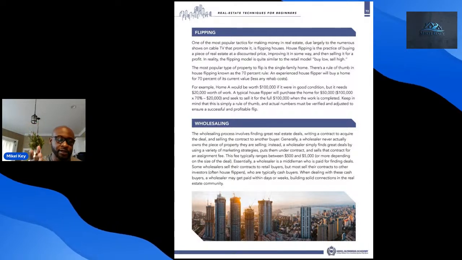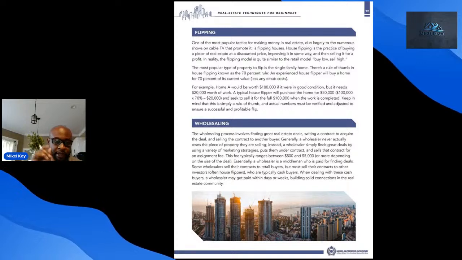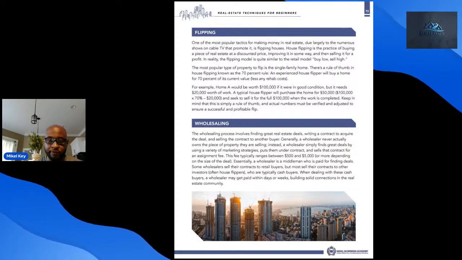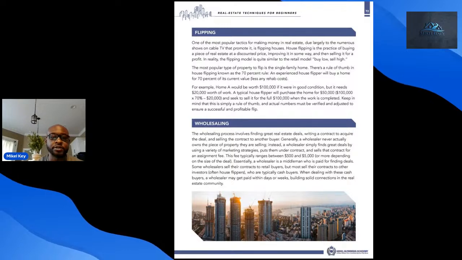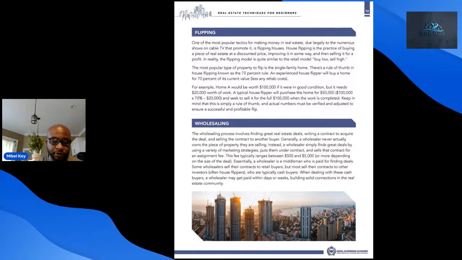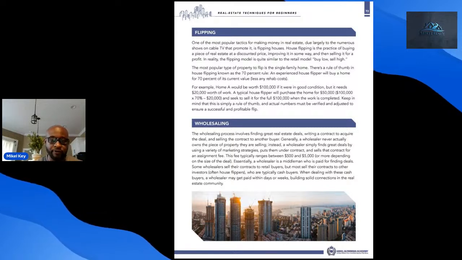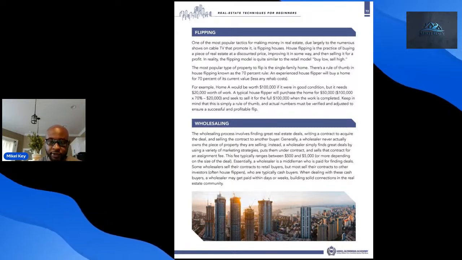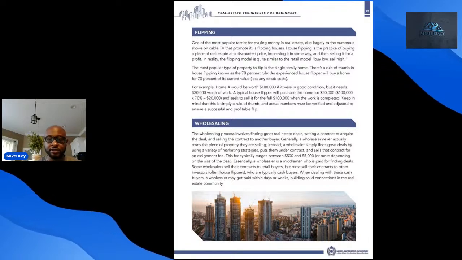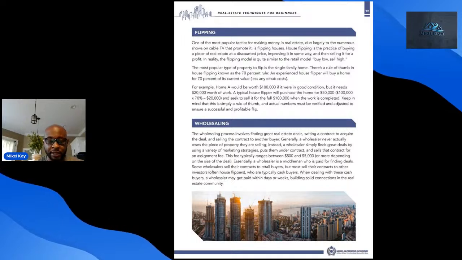Just go back and look at all the past sales in the area and calculate what that price per square foot is. If that price per square foot is $125, and your house is 1,000 square feet, you just multiply those by each other, and you come out with $125,000.